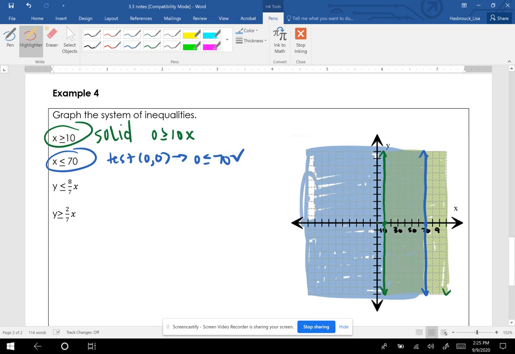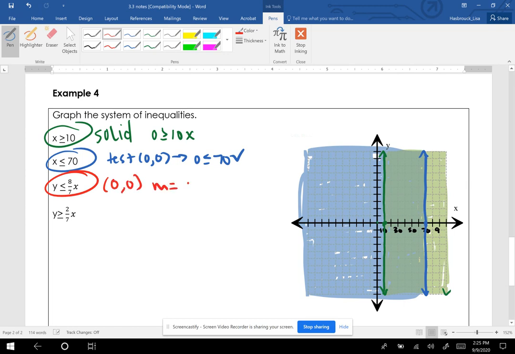Okay. Now for this next one, it's a solid line. We start at 0, 0, and our slope is 8 over 7. So 0, 0. So 8 over 7 is really small amounts. I could potentially, that's the same as doing 80 over 70 if you reduce it.